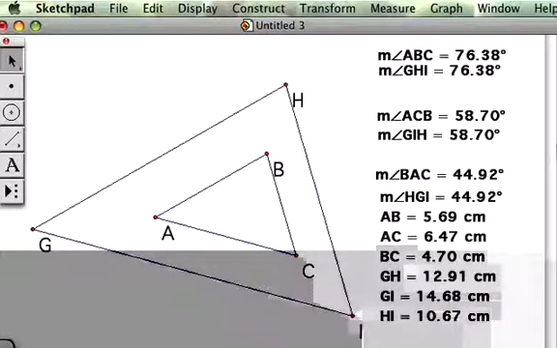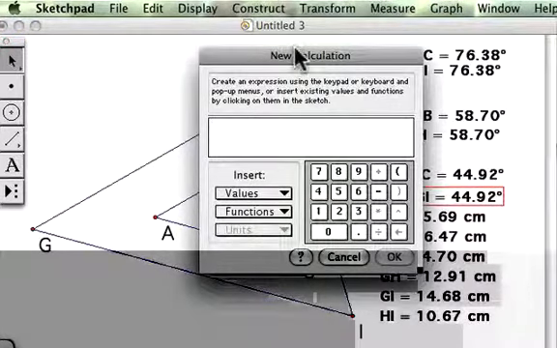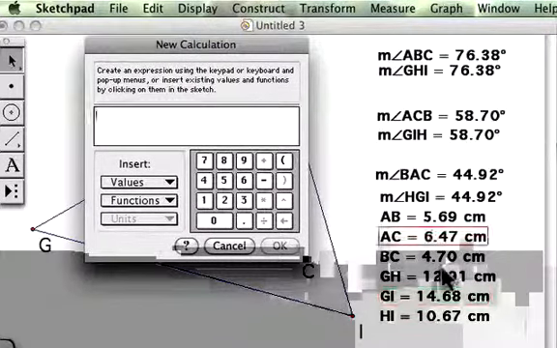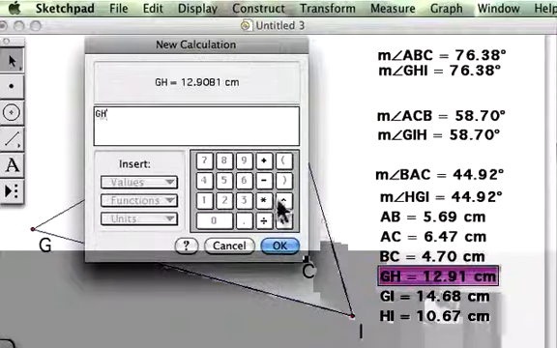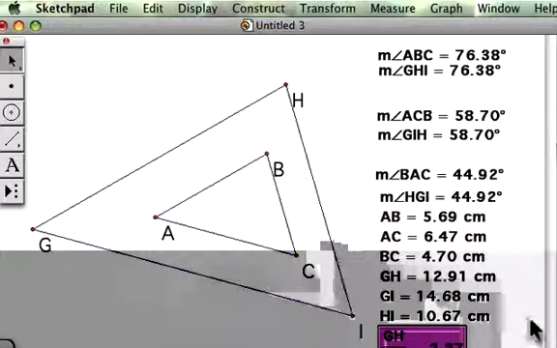Next, what I'm going to do is figure out the ratio of the corresponding sides. The first pair of corresponding sides is GH and AB. So I'm going to go to Measure and then Calculate, click on GH divided by AB and click OK.